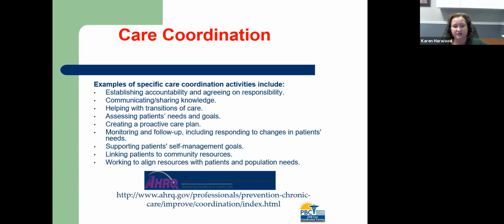So, depending on where you're working or if you're volunteering in the community, what you do for a client or a patient may vary. It's just important to know what some of the resources are, and understand that some patients may need more assistance than others. Sometimes a phone call is enough, and that's all people want.